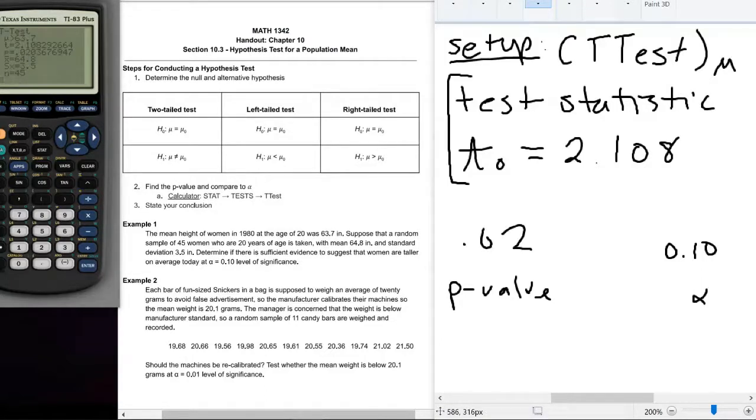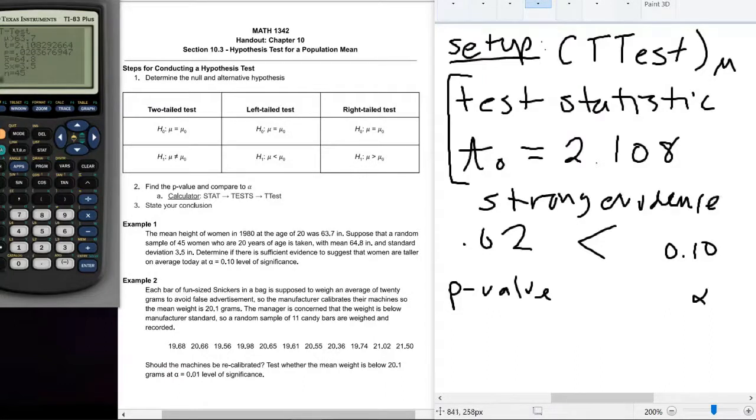So let's think about whether or not that's a good thing. If you're given 10% room to make a mistake, your test is saying you have about a 2% chance of making a mistake, you're under the threshold. And that's very good. When you're under the threshold, that's considered strong evidence.